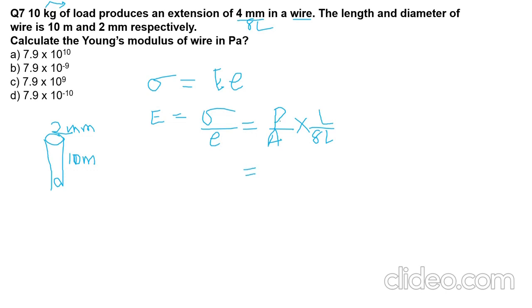So force, we do not know the force here, but because we know the weight, so you know force is equal to mass into acceleration, m into g here. So your mass, you know 10 kg. You can take the value of g, say for example 10 or 9.8 meter per second square.